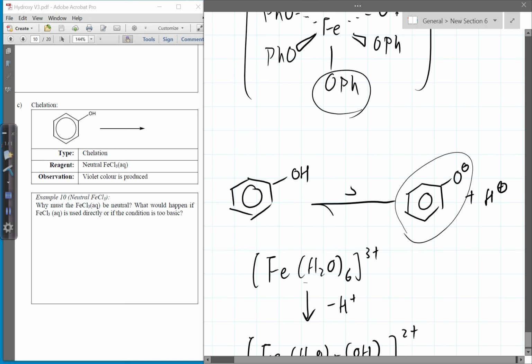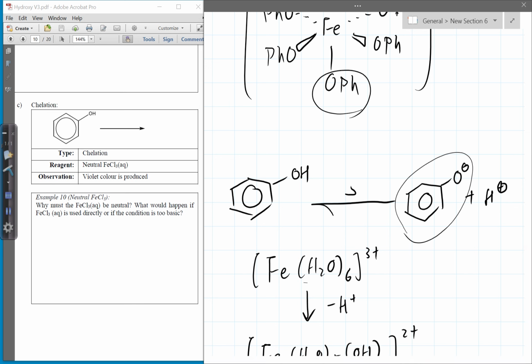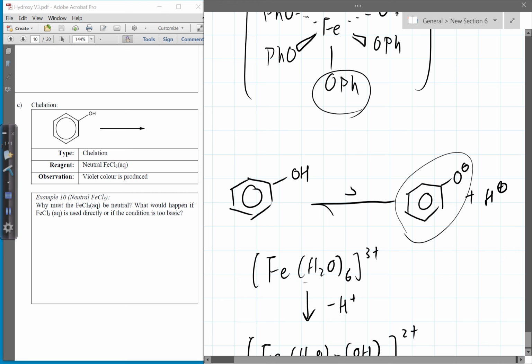And next, why can't you make it basic? If you make it basic, then you will have more of this, isn't it? But remember for your QA, qualitative analysis, if you add base to Fe3+, what will happen? You have your precipitate, correct? What color is the precipitate? Can you still remember? Fe(OH)3. Is it dirty green or reddish brown?